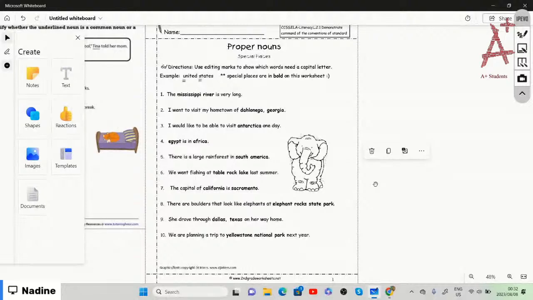So now we need to use editing marks to show which word needs a capital letter, right? And specifically the words in bold. So the Mississippi River is very long, right? And that needs to be capitalized, right?